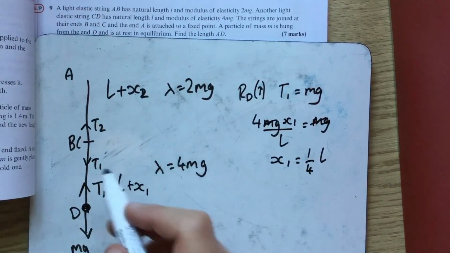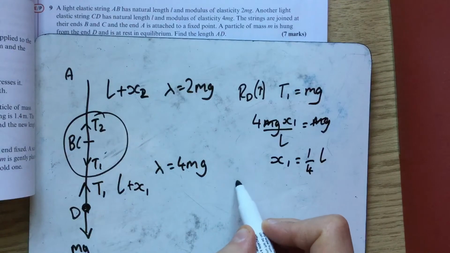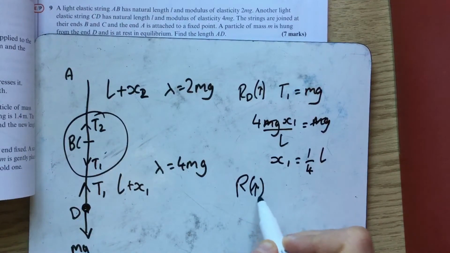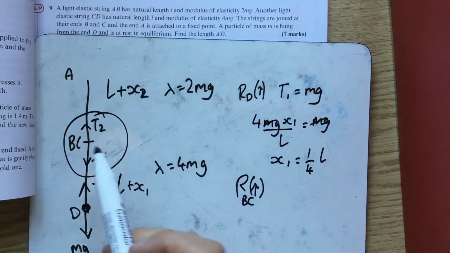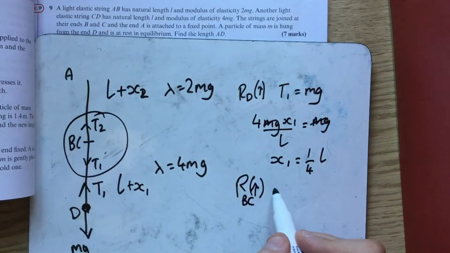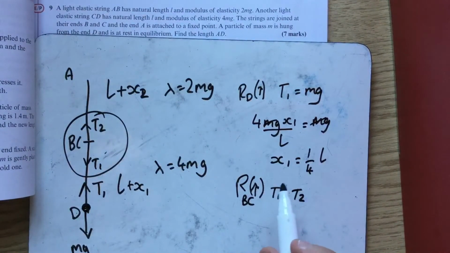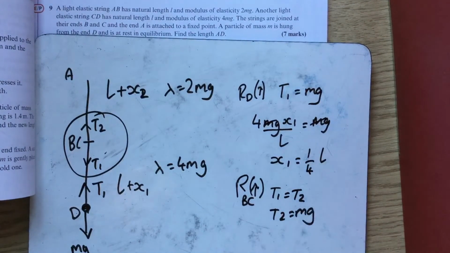Similarly, if I look just at the point of contact at the point BC, if I resolve vertically there, the forces acting on that part of the system tell me that T1 is equal to T2. The whole thing is in equilibrium, so that point must be equal, which again tells me that T2 is just equal to mg.